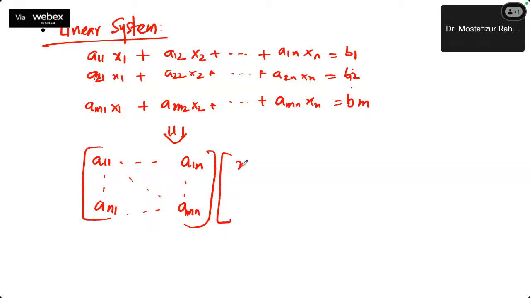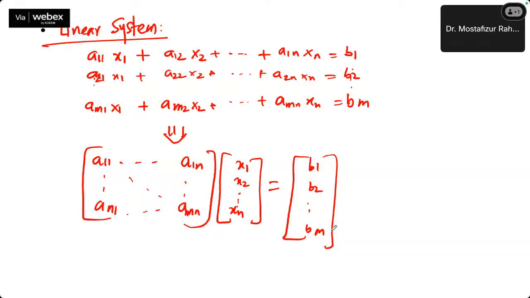I can write the x part here, x1, x2 to xn, that gives b1, b2 up to bm. If you multiply the first row with this column, you get the first equation. Similarly, if you multiply the last row with this column, you get the last equation, satisfying that this matrix times the vector equals another vector. So this is simply a linear transformation.